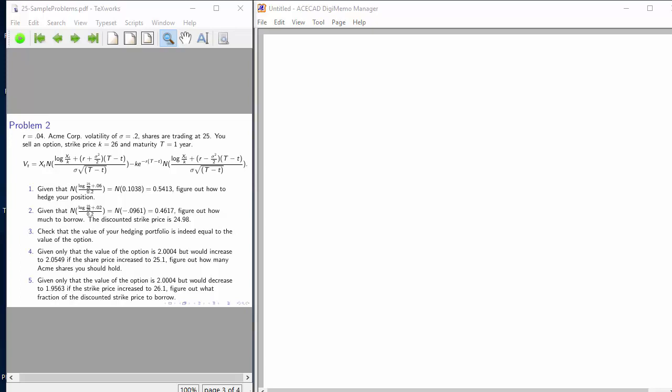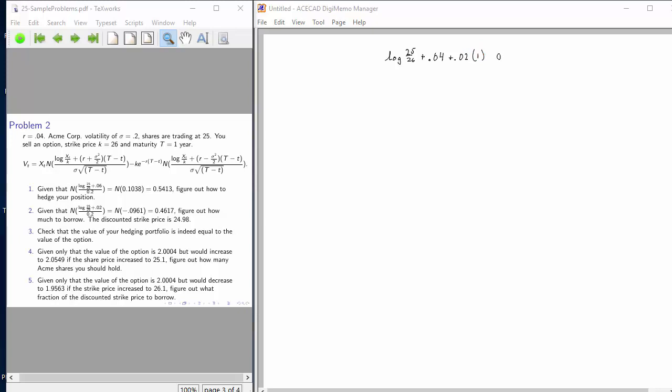Well, let's look at the first term in the Black-Scholes formula. We've got the log of 25 over 26 plus r, which is 0.04, plus sigma squared over 2, which is 0.02, multiplied by 1 year to maturity.